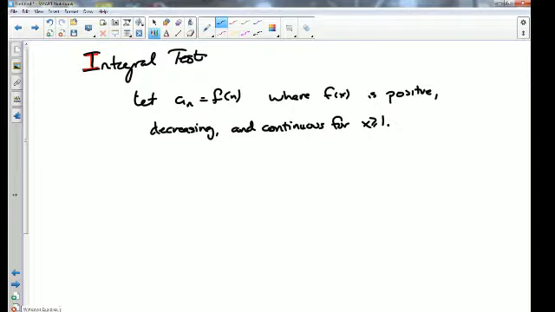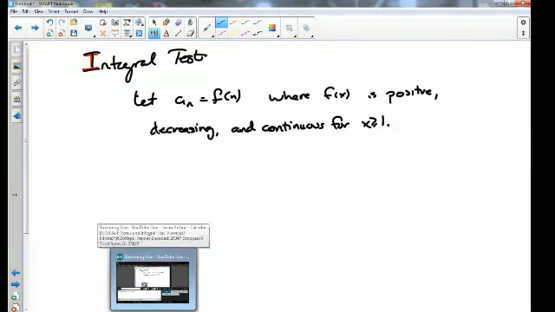Now, what's really nice about this test, if you determine that this function is positive, decreasing, and continuous, you pretty much know you need to use the integral test. Because these are the only conditions that apply to this one.